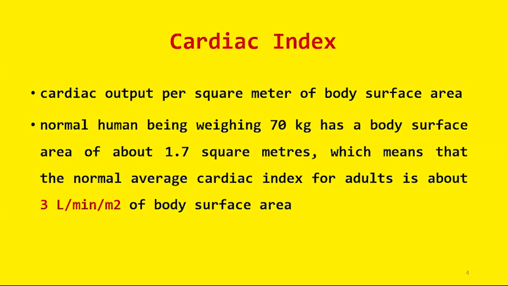Remember the unit? The unit for cardiac output is liters per minute, whereas the unit for cardiac index is liters per minute per meter square of the body surface area. So if we measure the cardiac output per meter square of the body area, we label it as cardiac index. And this is the normal value, 3 liters per minute per meter square of the body surface area.